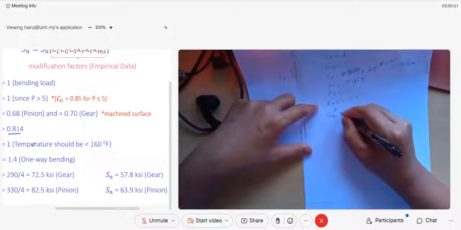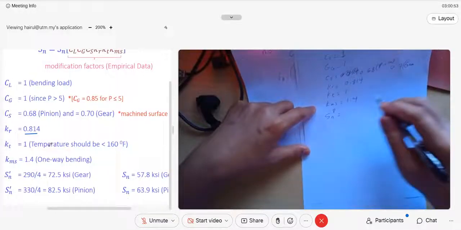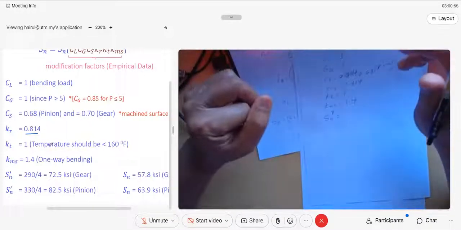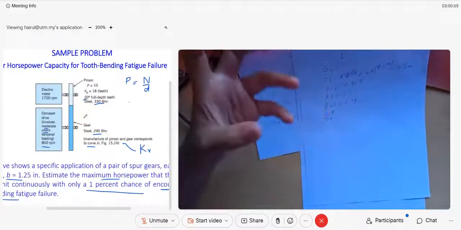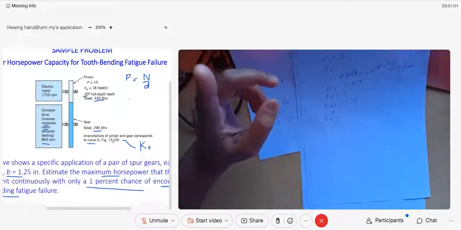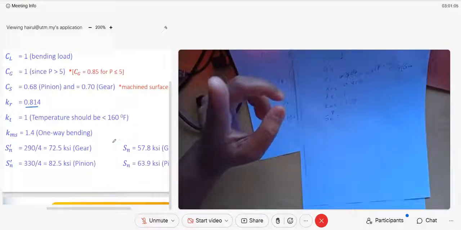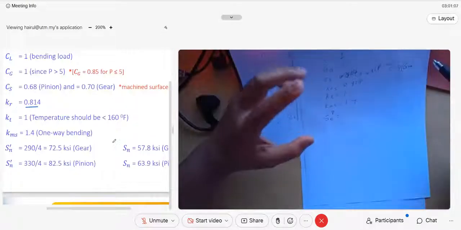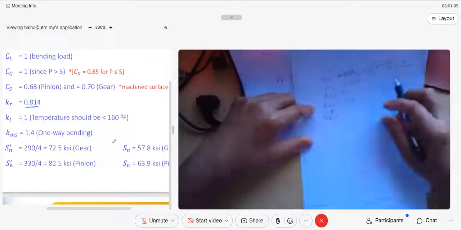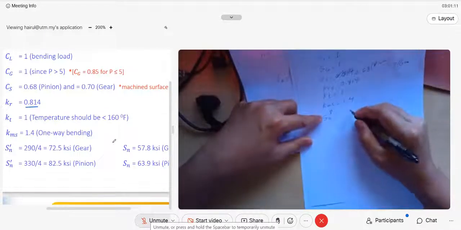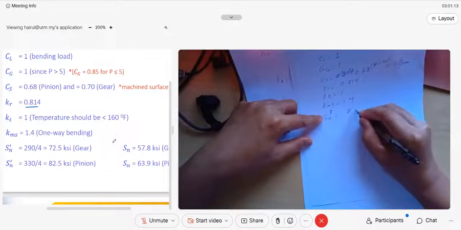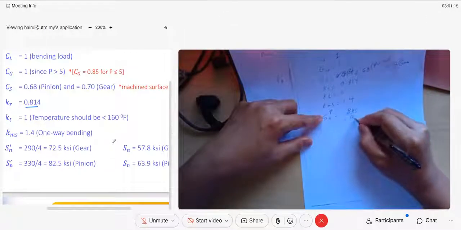SN prime, actually guys, take note. In this sample problem SUT is not given, what material, they only give hardness. Take note, for steel material, it is always BHN hardness over 4.